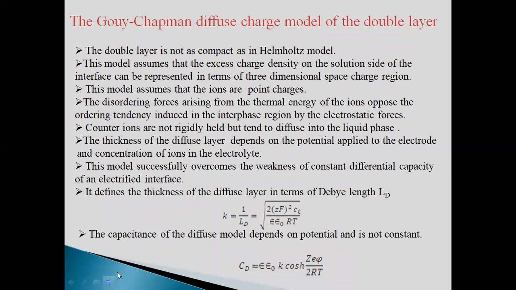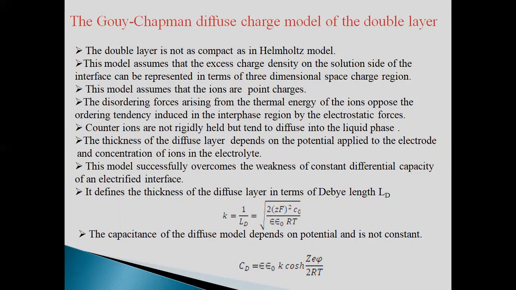Now, in order to improve the shortcomings of the Helmholtz model, another model that is known as the Gouy-Chapman diffuse charge model of the double layer came into existence. Unlike the Helmholtz model, it does not fix the solution charges to the arrangement that is parallel to the surface of the electrode. This model liberates the ions from the sheets parallel to the electrode.